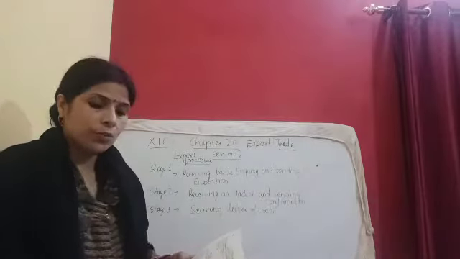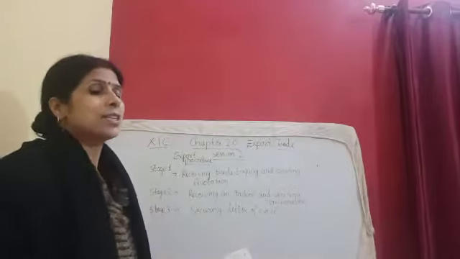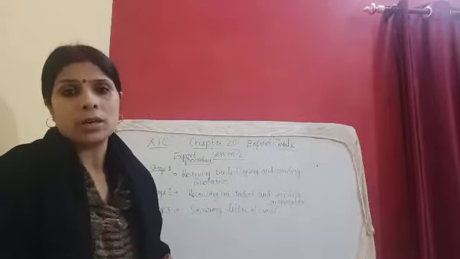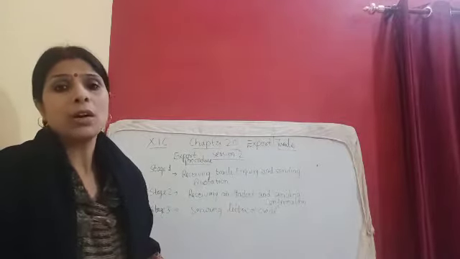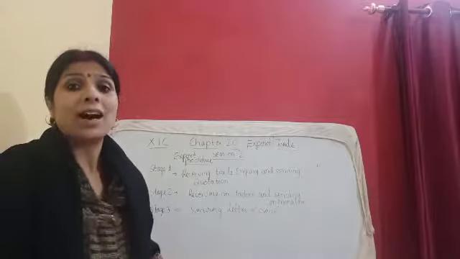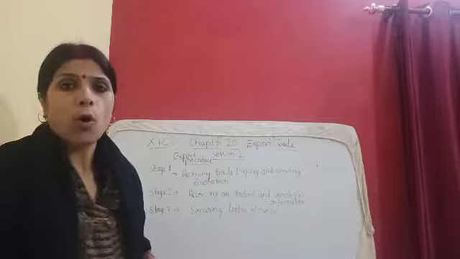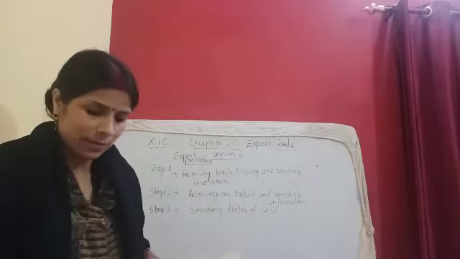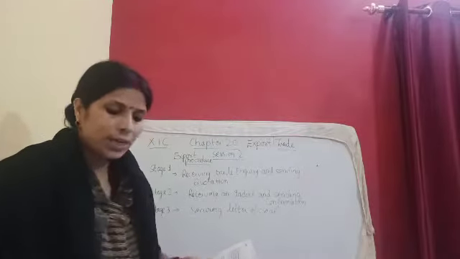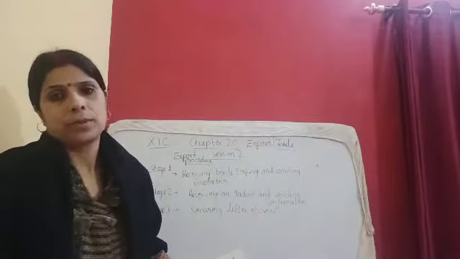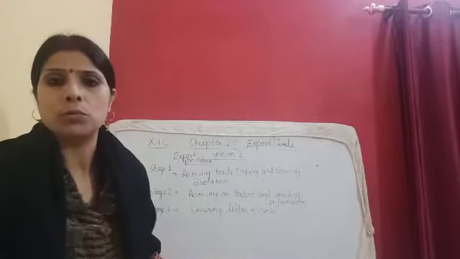So what is a letter of credit? It is an undertaking, or you can say a promise made by the importer that the importer is going to make the payment on a certain date to the exporter. This is an undertaking given by the issuer, that is the importer, or through the importer's bank, that the bills of exchange drawn by the foreign dealer on the importer will be honored on presentation up to a specified amount.